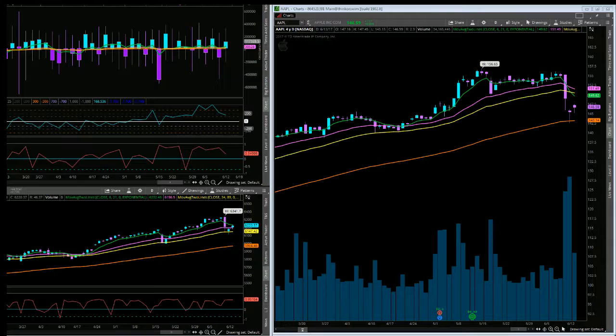Okay, on the left hand side over here, this is the market engine. Now the way that the market engine works with futures is similar to the way it works with stocks, but with stocks, think of it as having two pistons. There's two pistons that are needed to give us the view of the market engine. With futures, one piston does it for us on futures like the S&P, like the E-minis.